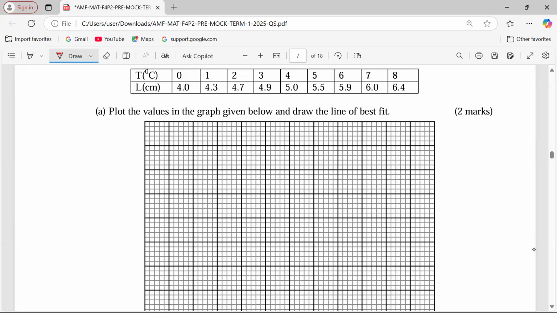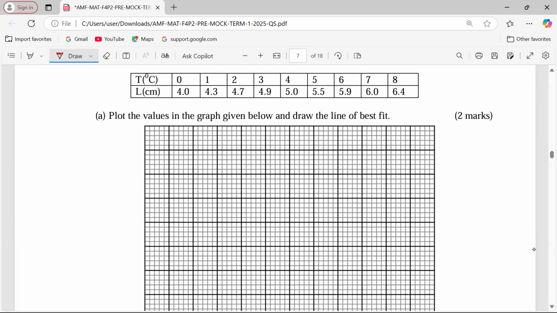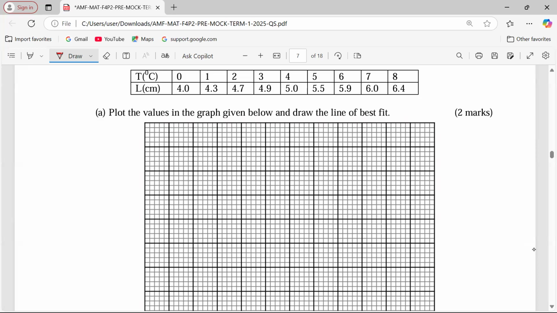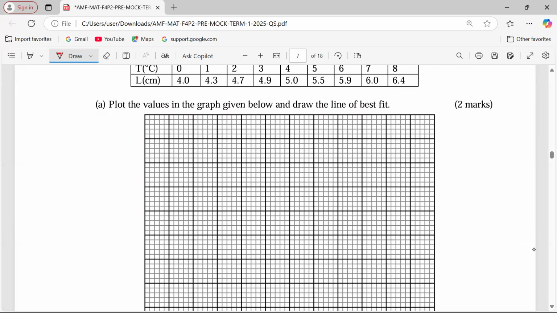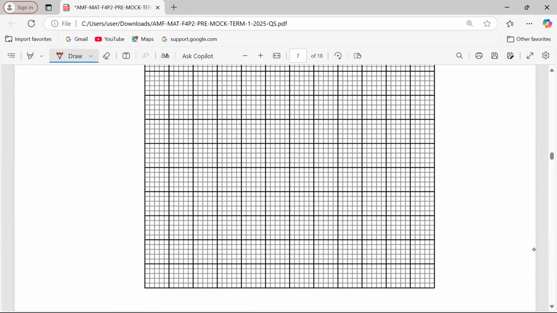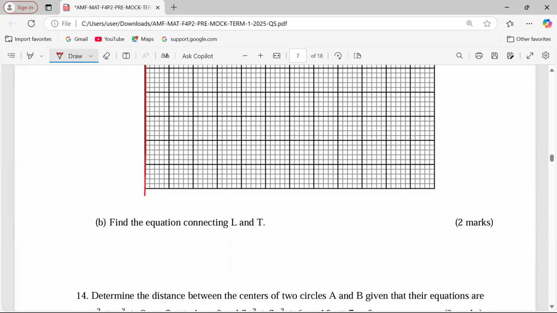Actually, I can even have temperature on the vertical axis. Let me do that. Any can occupy the vertical axis and the other the horizontal axis, as long as you relate them well.